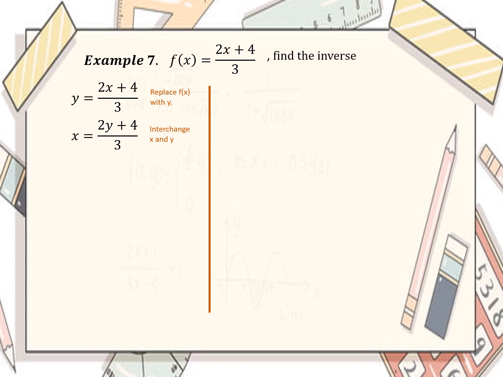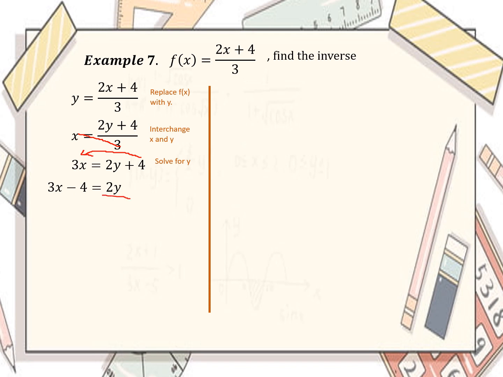So now, let's solve for the new y. So para ma-eliminate yung ating denominator na 3, multiply natin siya dito kay x. So ang magiging equation is 3x is equal to 2y plus 4. Okay, now solve for y. Si 4, lipat natin sa kabila. So, magiging 3x minus 4 equals 2y.